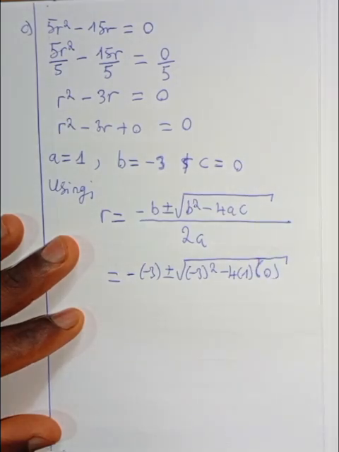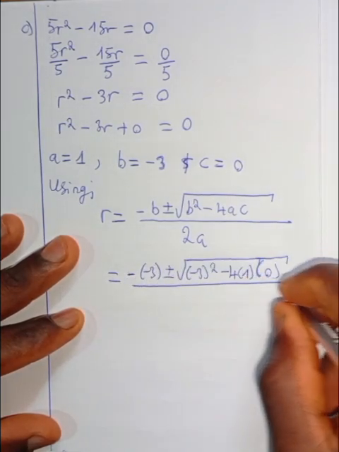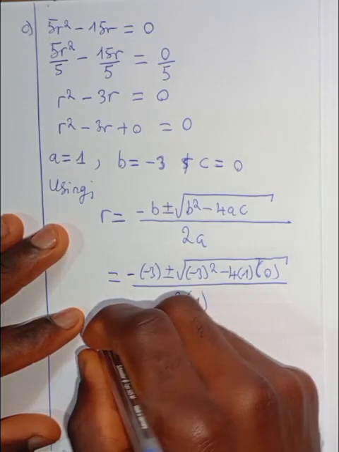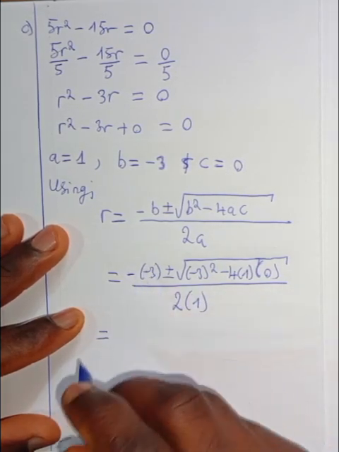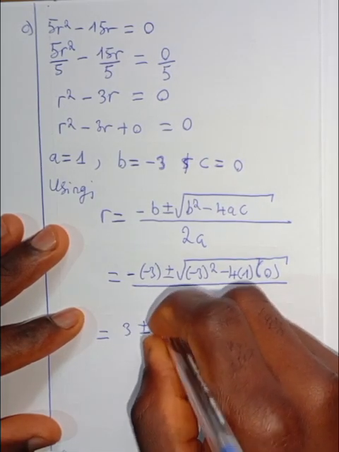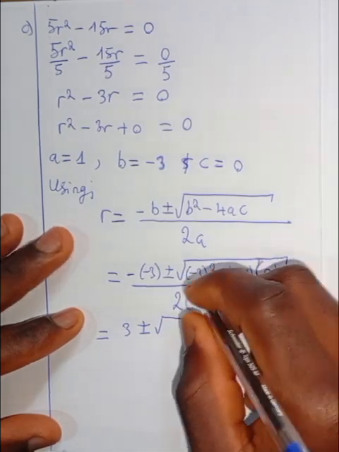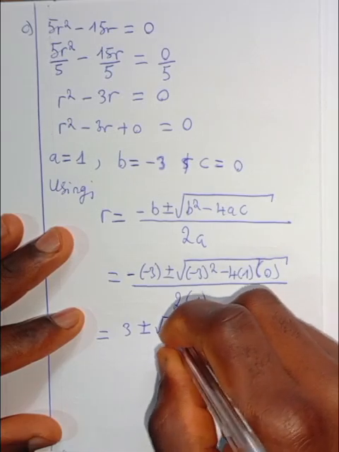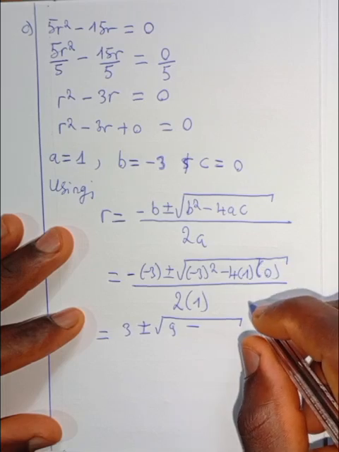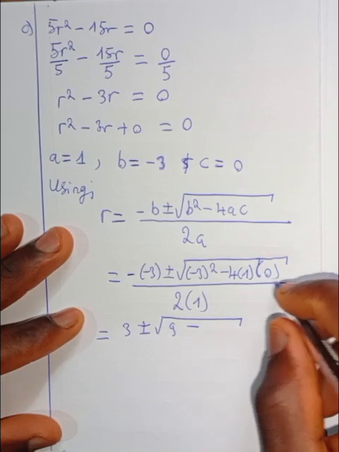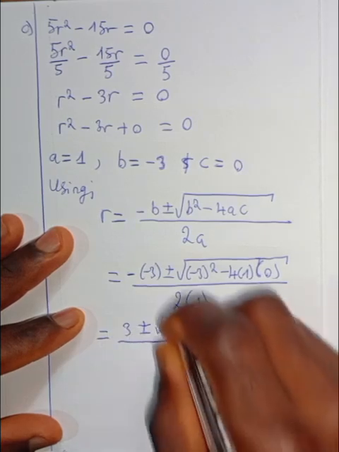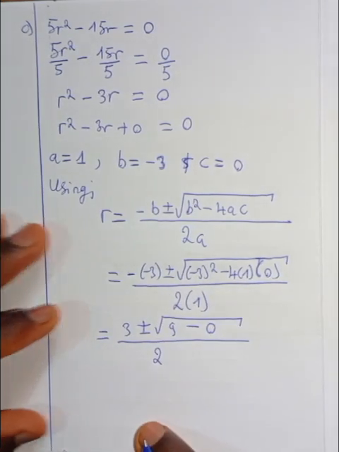We are dividing all this by 2 times 1. So this will simply be equal to, we know negative negative here gives us positive 3, plus or minus the square root of negative 3 squared gives us 9, minus 4 times 1 gives us 4, times 0, 0, all over 2 times 1, 2.